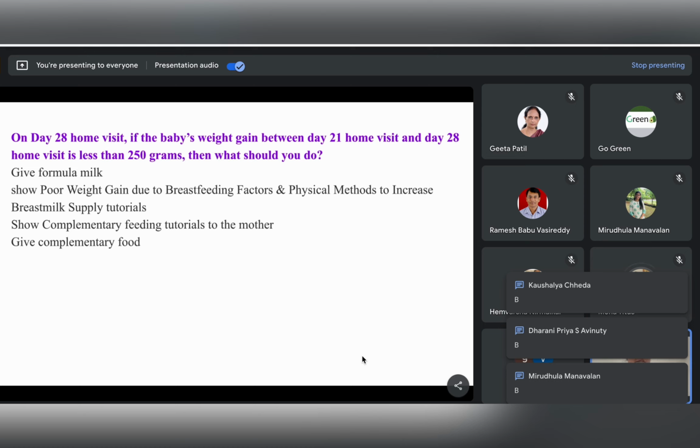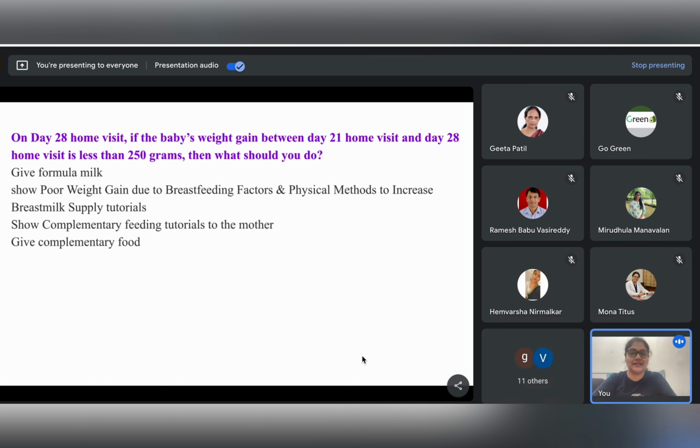Say for suppose somebody doesn't know the answer. How can we attempt questions like these? Whenever we are considering a day 28 home visit, let us look at the options. Number one is give formula milk. For a 28-day-old child, formula milk is never advocated, and it is always the breast milk which is advocated.